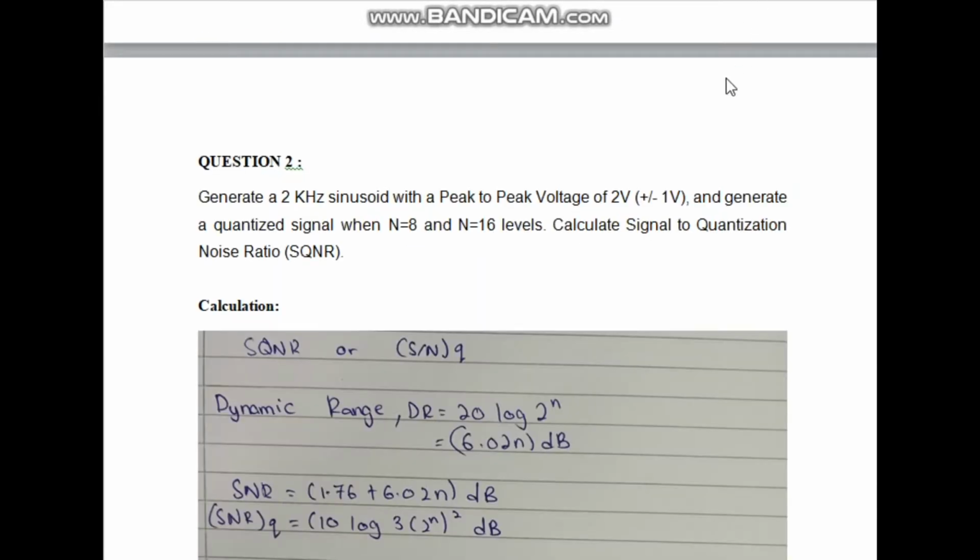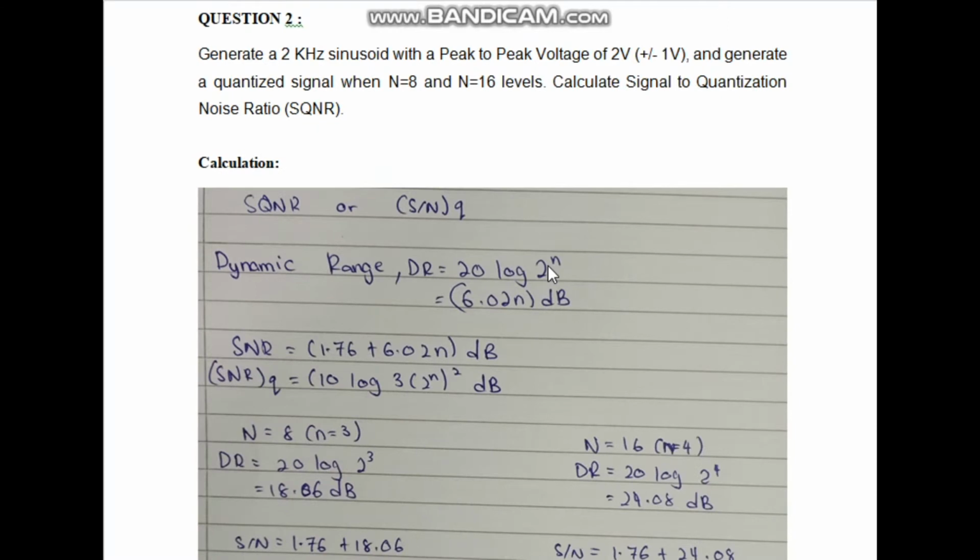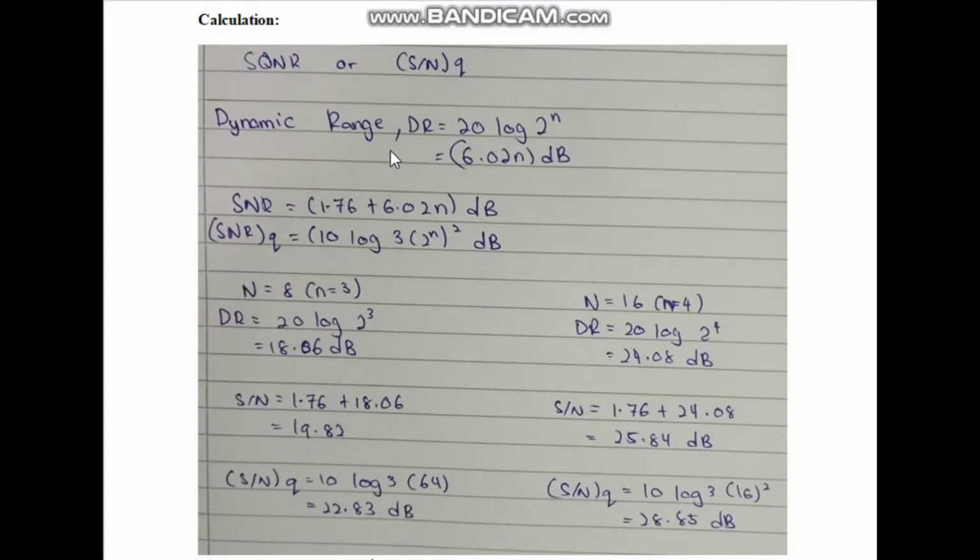Question 2 is to generate a 2 kHz sinusoidal with a peak to peak voltage of 2 volts, generate a quantized signal with n equal to 8 and n equal to 16 levels, and then calculate the signal to quantization noise ratio. This is the formula to get the SQNR.